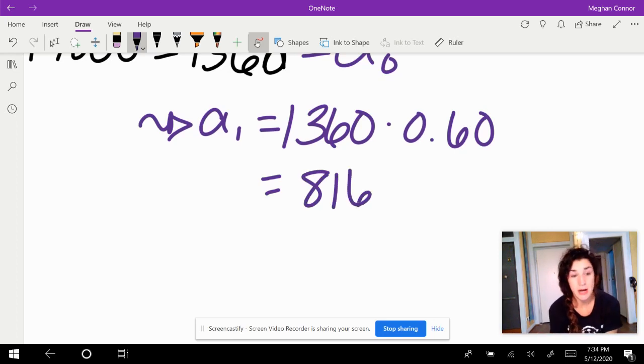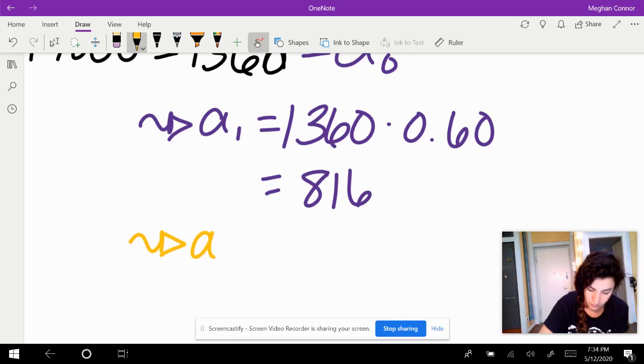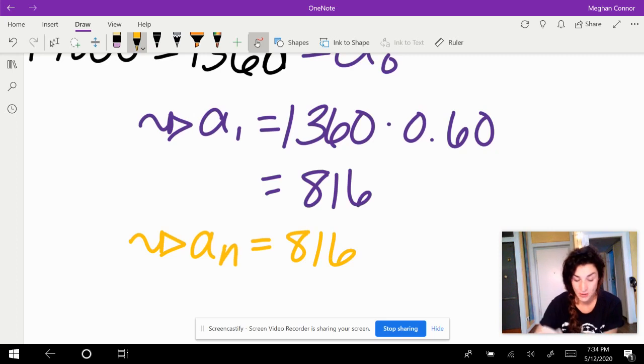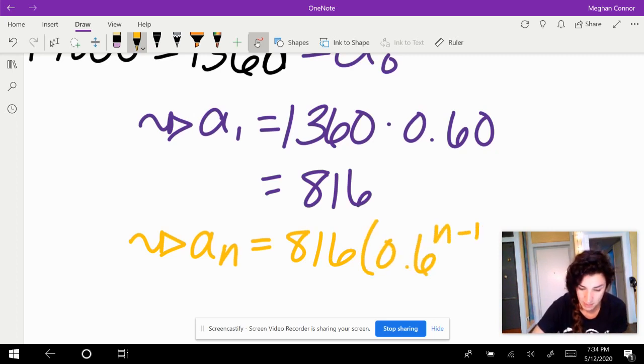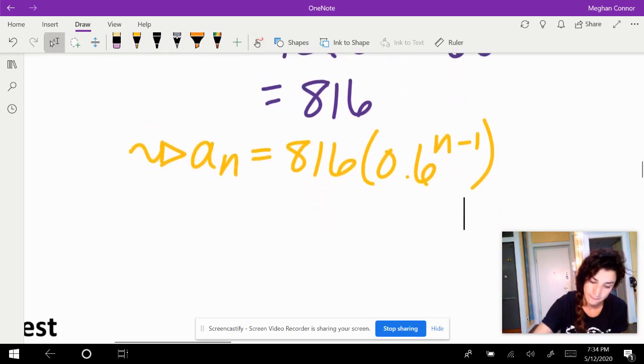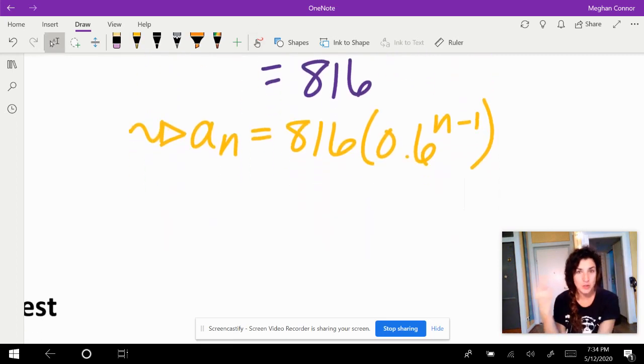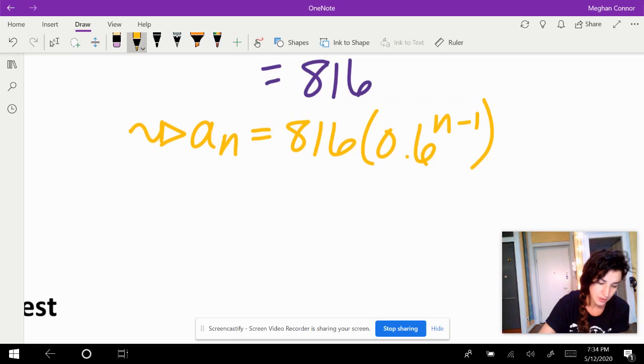So if I wanted to talk about how much is left at noon, A sub 1 is now 816, times 0.6 to the n minus 1. How much is left at noon is 2 hours after that dosage.